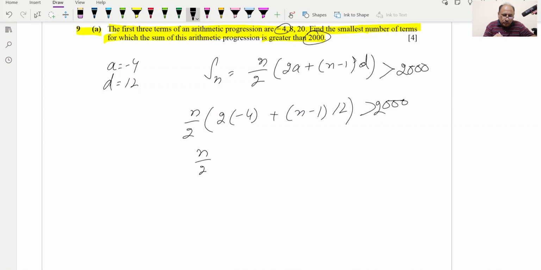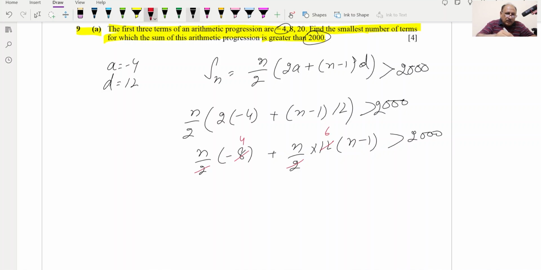It will be n by 2 into minus 8, plus n by 2 into 12 into n minus 1, and greater than 2000. Now cancelling the 2s, this will be 4 and this will be 6, and we will get -4n plus 6n into n minus 1 is greater than 2000.